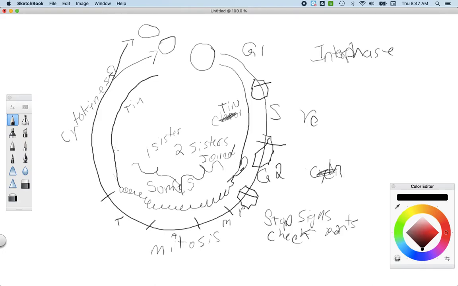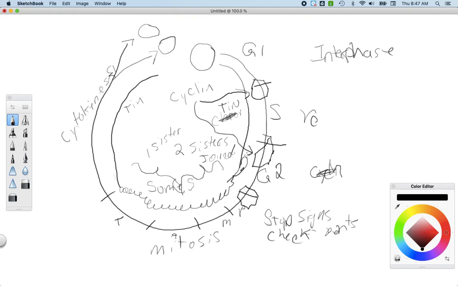In the cell all the time, there are cyclin-dependent kinases, and if the cell is ready to move through that stop sign, they make cyclins.